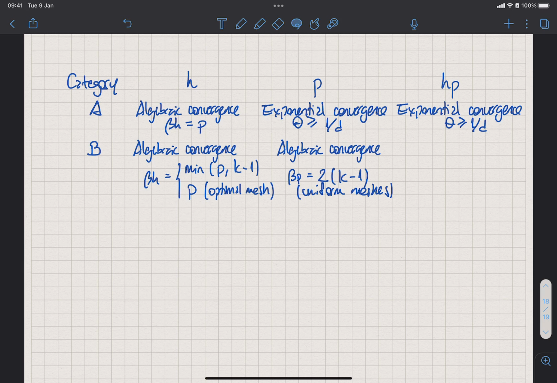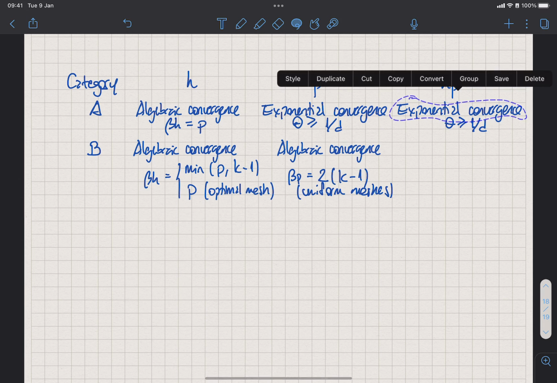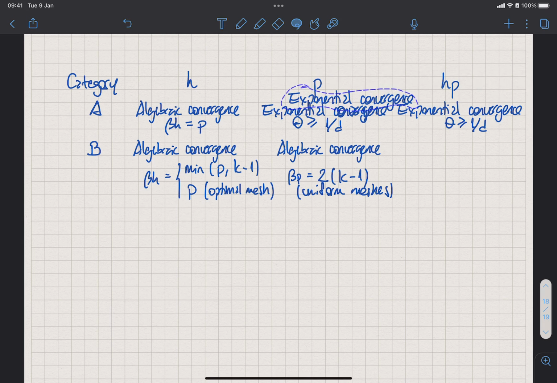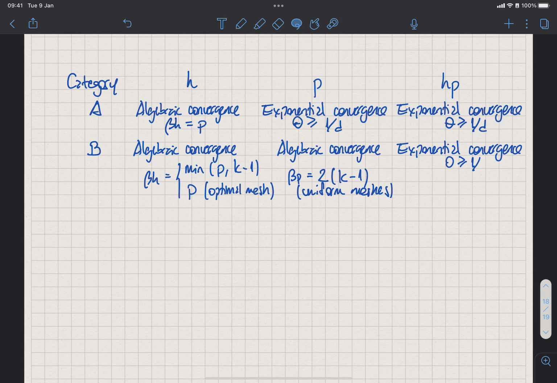So I'm going to copy this. But now this theta parameter is going to change value, and it's going to be equal to 1 divided by 2d minus 1.